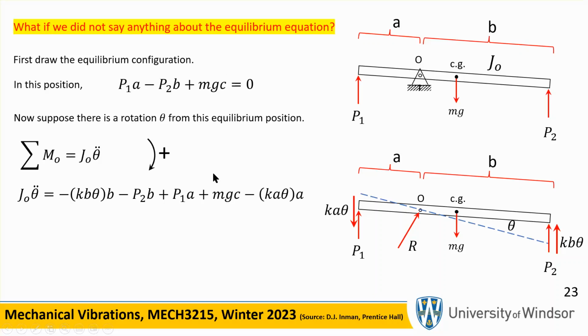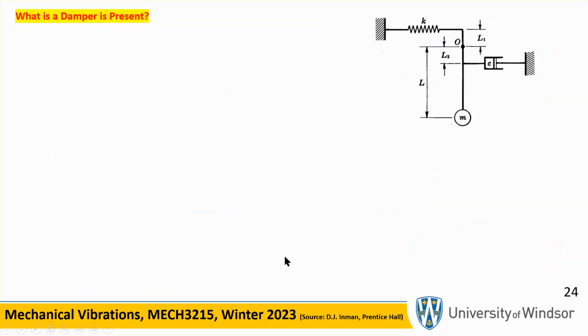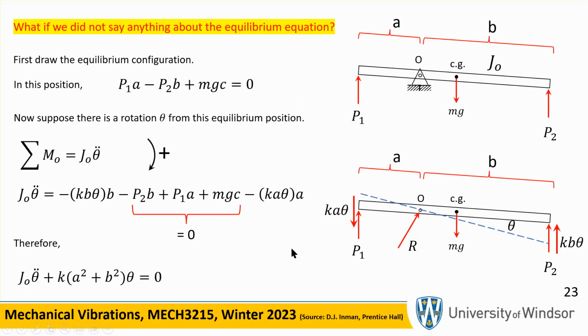So this goes away because it's zero. And therefore, the equation of motion is this, the mother of all equations, right there. It's the same equation that you got before, and the natural frequency is going to be the same.